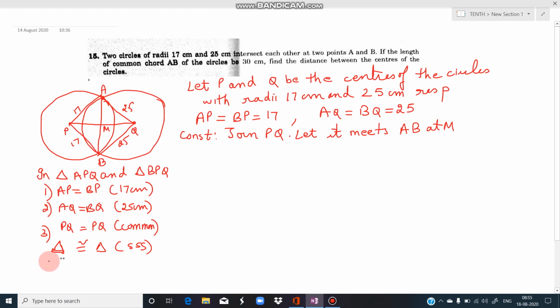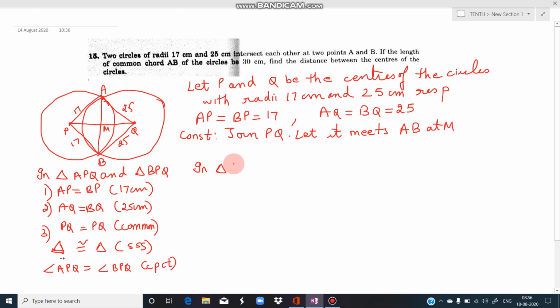So I will prove one result by using congruency, that is angle APQ is equal to angle BPQ by CPCT. CPCT says either you prove that these two angles are equal or you prove that these two angles are equal, any angle. I have taken these two angles. Now I take the second triangle.